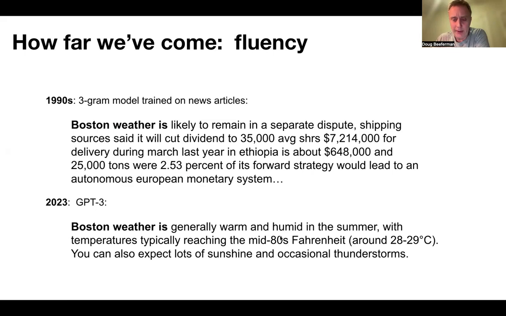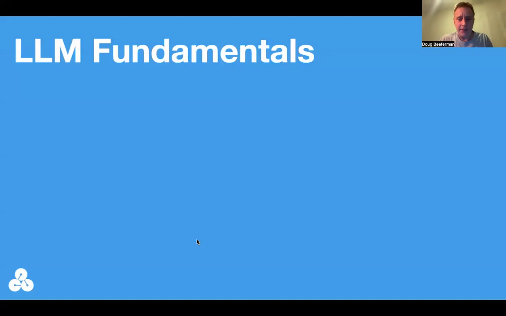This is actually a completely reasonable response, although of course I haven't given it any information about what day it is or what time I'm talking about. So it's not necessarily the right answer for every time, but in any case, it's fluent and accurate with respect to the time of year it's talking about. Okay, so now we've entered the LLM era, and I'm going to hand it off to Jad.